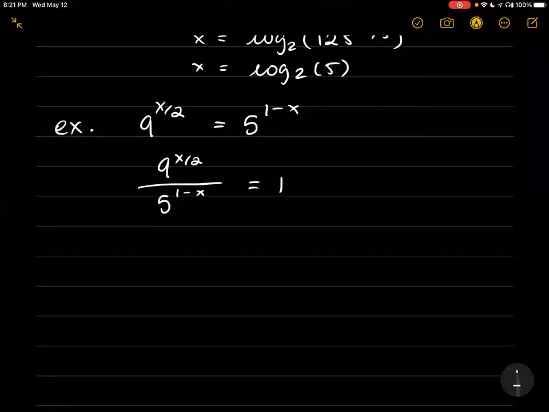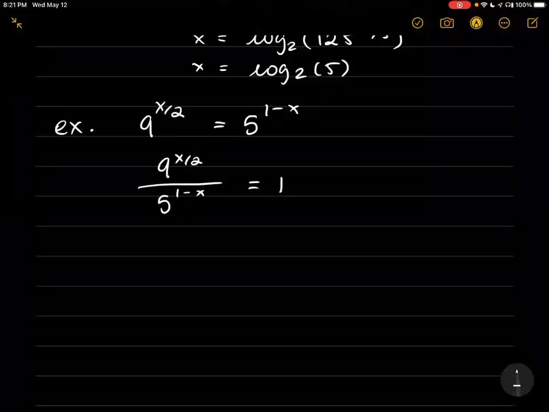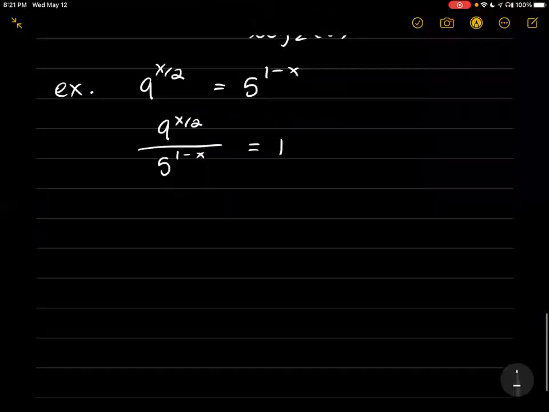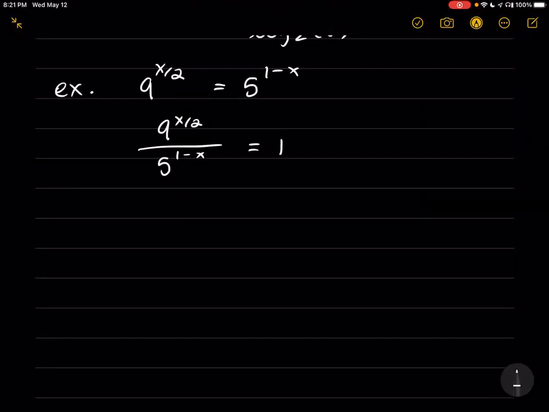And then I'm going to use some exponent rules that we saw in chapter 1. I'm going to write the 9 to the x over 2 power as 9 to the 1/2 to the x, like that. And then I'm going to write this 5 to the 1 minus x as 5 to the 1 times 5 to the negative x. And that all equals 1. Okay.